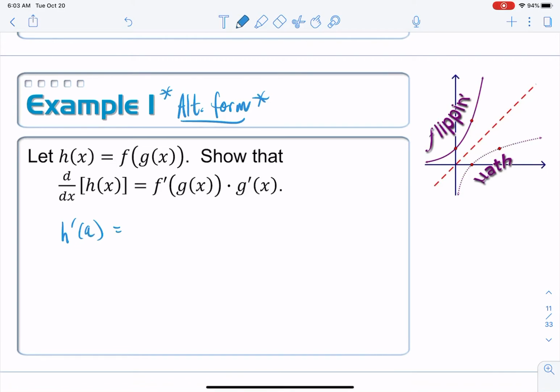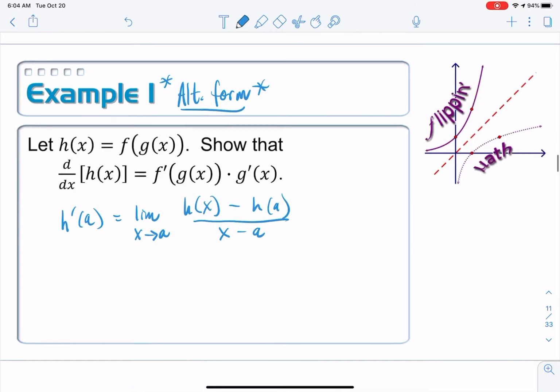So h prime of a is equal to the limit as x approaches a of h of x minus h of a over x minus a. We're not going to have any h's in here, since it would be confusing because the function is called h. And since a is just any value of x, whenever I'm done with this one, I'm going to have the general derivative, okay?